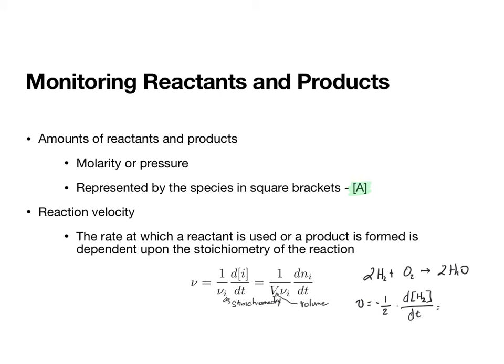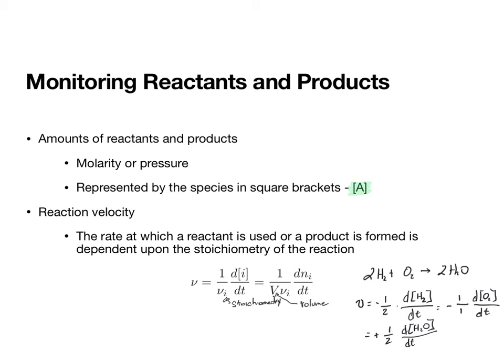But this is equal to negative 1/1 times the rate of change of O2 with respect to time. And it's equal to a positive 1/2 rate of change of water over time.